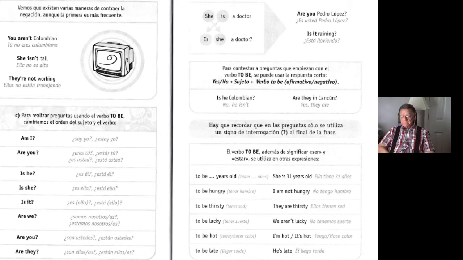Is it? Is it a dog? Female dog? A cat? Female or male or whatever this gender is. Are we? To make the question, we put the verb first.